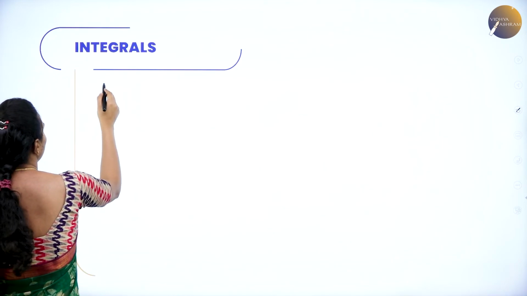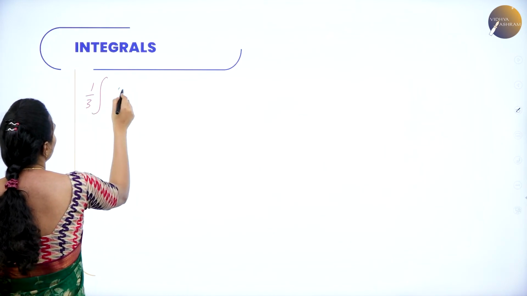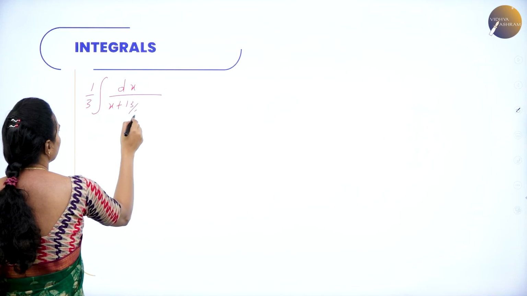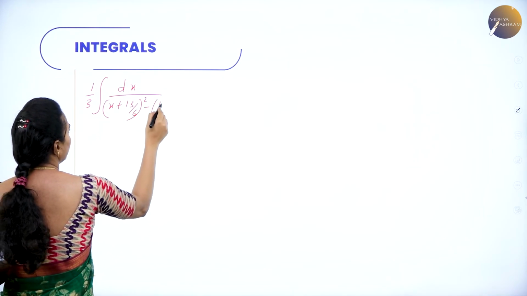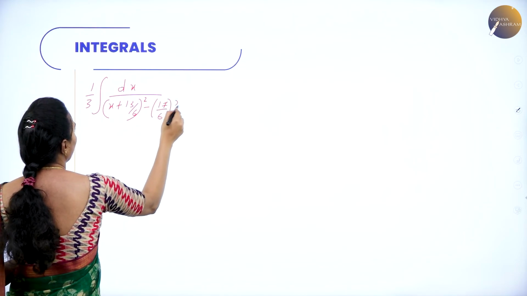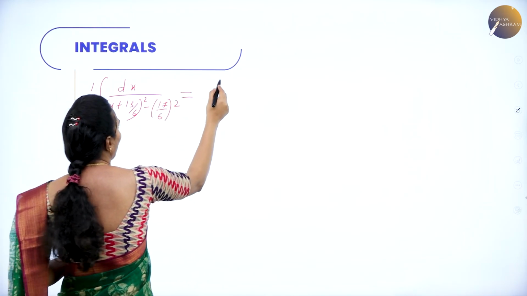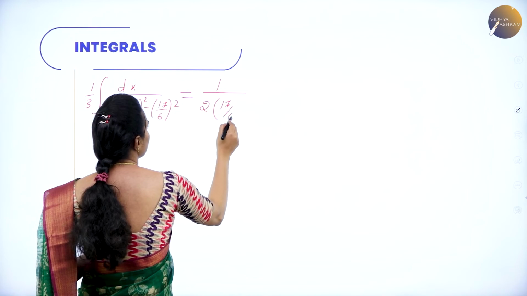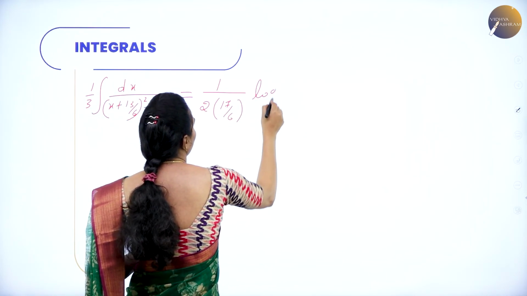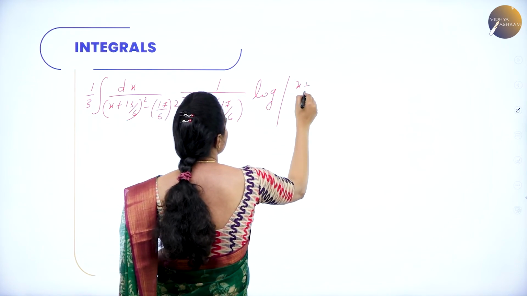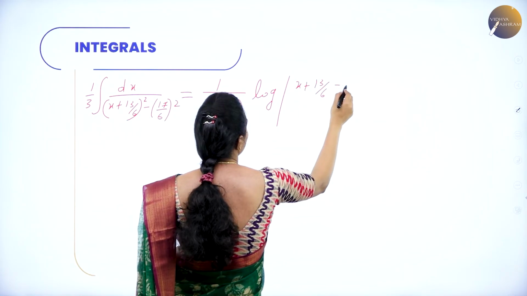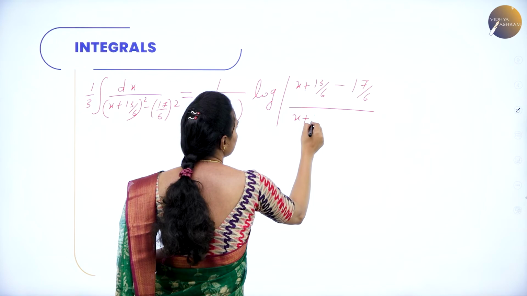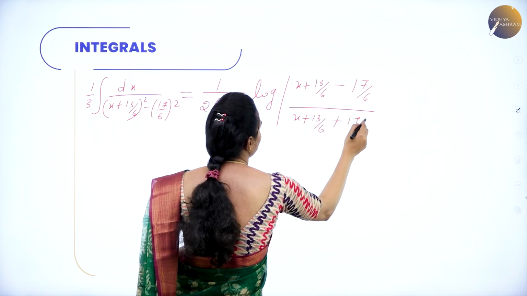So according to the formula, the integral of 1 by 3 into dx divided by (x + 13/6) whole squared minus (17/6) whole squared can be written as 1 divided by 2a, where 2 into a is nothing but 17 by 6, into log of modulus of (x plus 13 by 6 minus 17 by 6) divided by (x plus 13 by 6 plus 17 by 6).